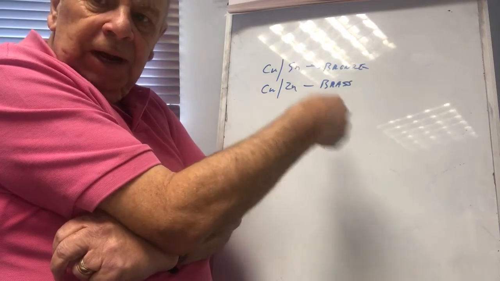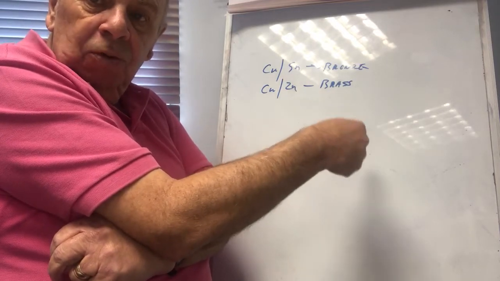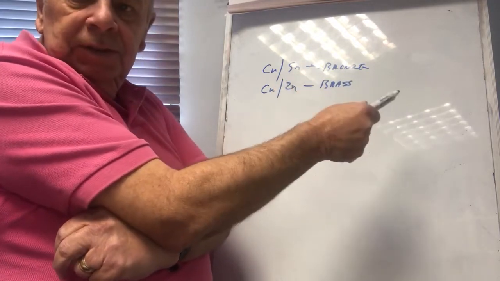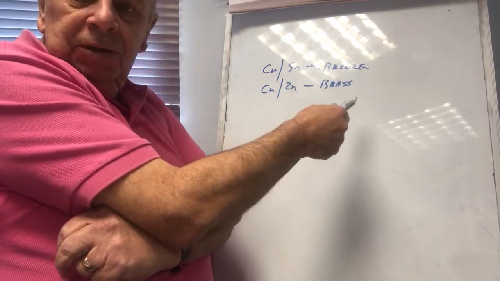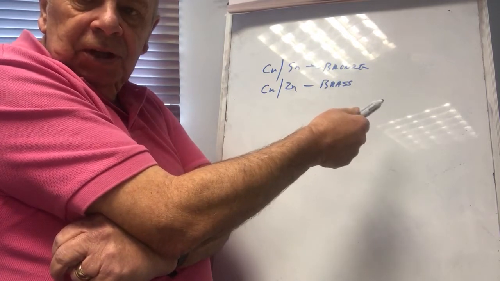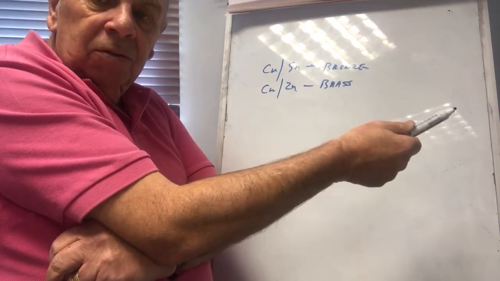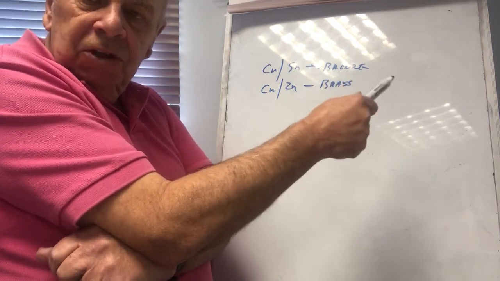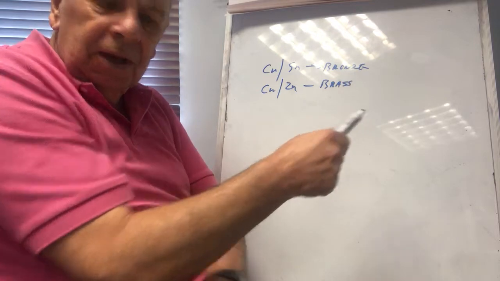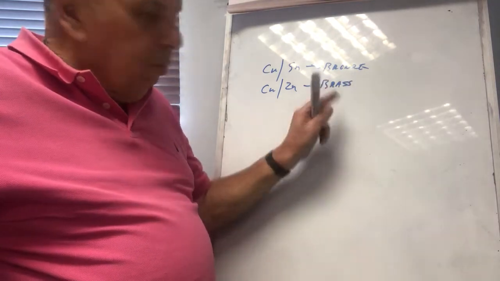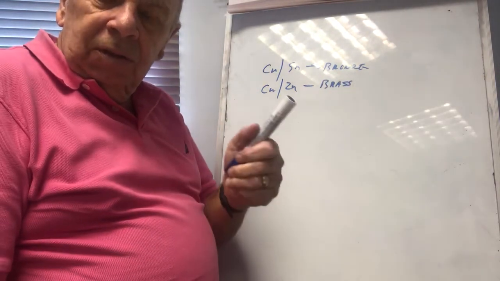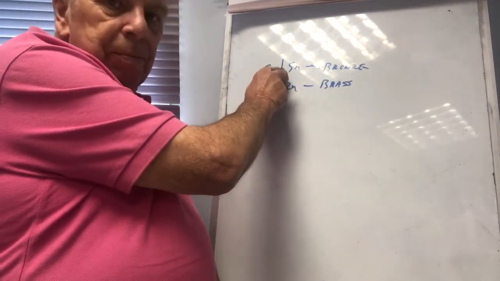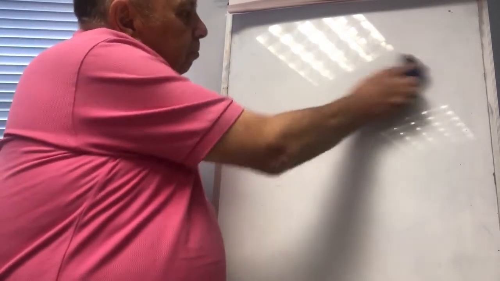It's not that reactive, it's tougher, more brittle than soft. Copper with zinc makes brass. Brass is used for ornamental things, doorknobs, door furniture, and things like that. We're using an alloy to change the properties of the base metal, the main metal.